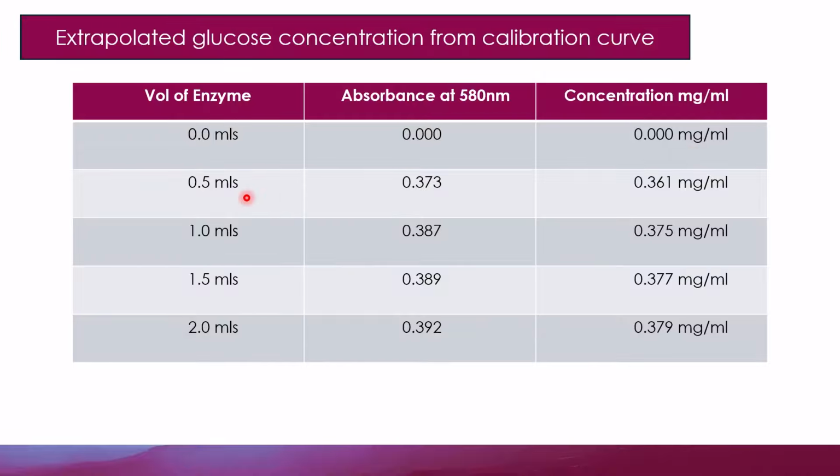At 0.5 mils of the enzyme, we had 0.361 milligrams per mil. At 1 mil, we have 0.375 milligrams per mil. At 1.5 mils, we have 0.377 milligrams per mil. And at 2 mils enzyme, we have 0.379 milligrams per mil.